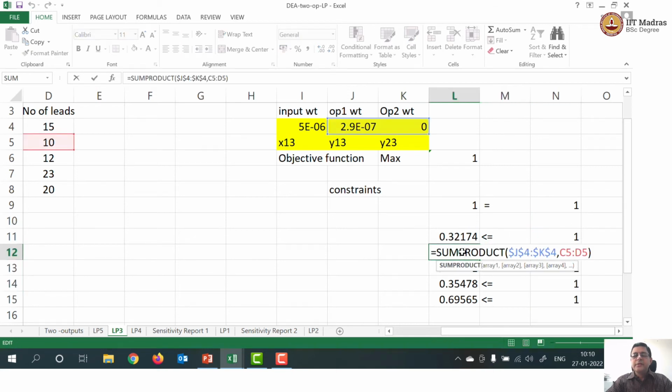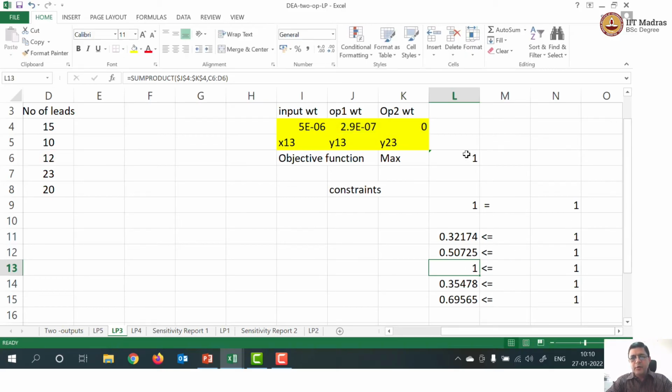And this constraint tells you that using the weights for sales office 3, sales office 2 should not get an efficiency of more than 1. This constraint tells you that using the weights for sales office 3, sales office 3 should not get an efficiency of more than 1. If it is efficient, it can report an efficiency of 1, no problem, right? Which is what is happening here. It reports an efficiency of 1.